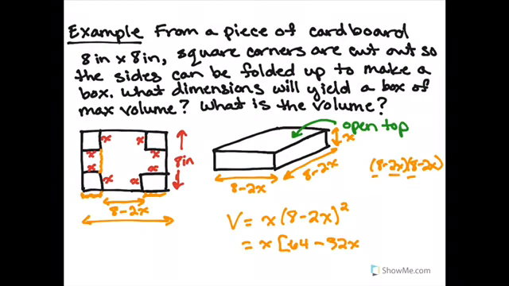And my last, negative 2x times negative 2x gives me 4x squared. And now if I distribute this x, I'm going to get 64x minus 32x squared plus 4x cubed.